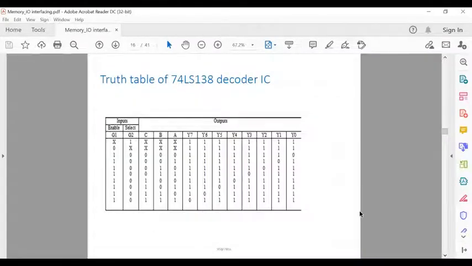Now this is the table where you can see how many inputs are available for this 3 to 8 decoder IC and how the outputs are affected according to the condition.